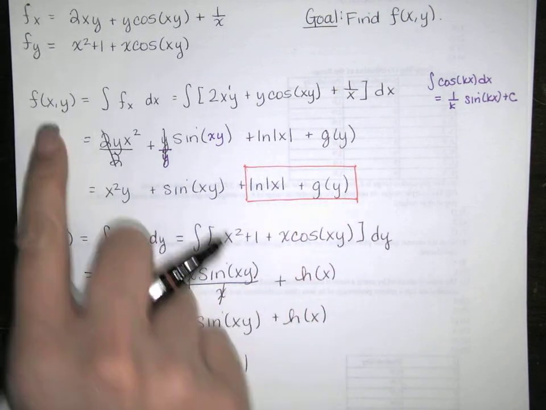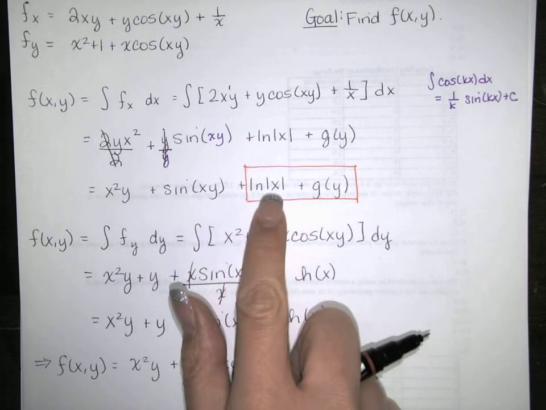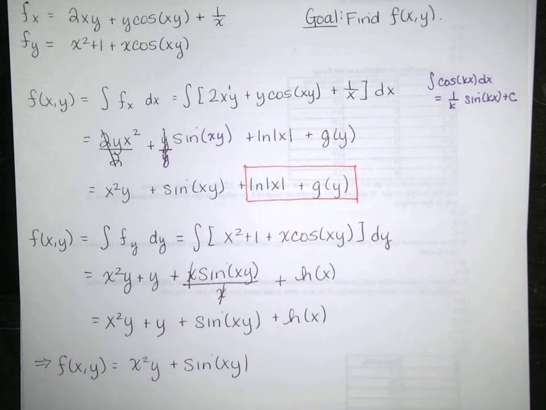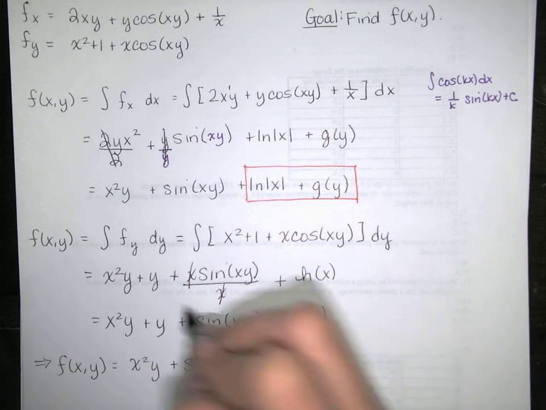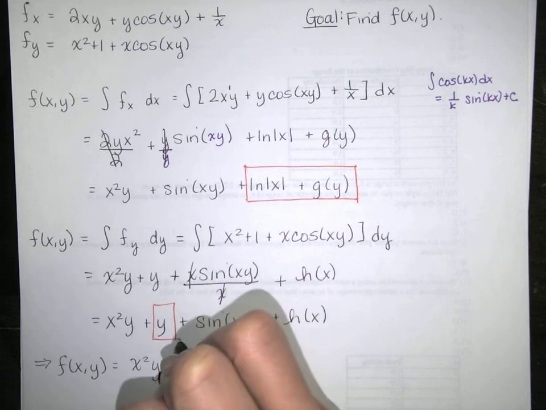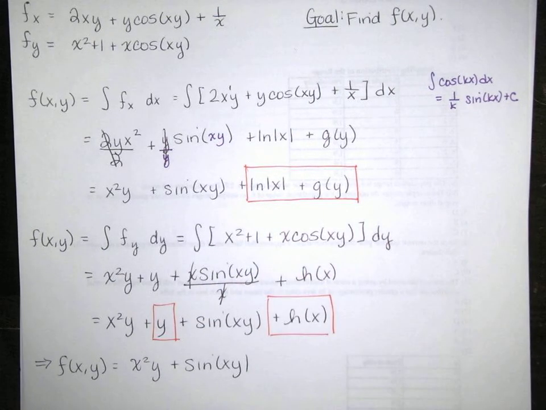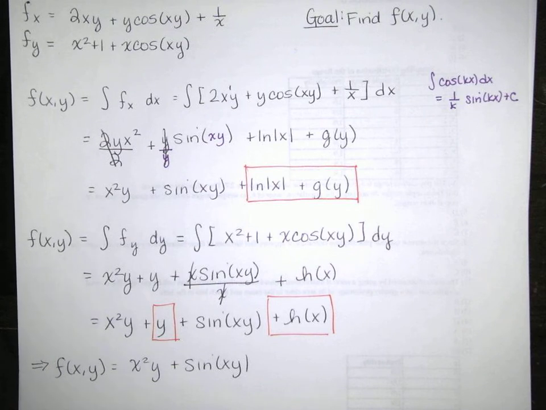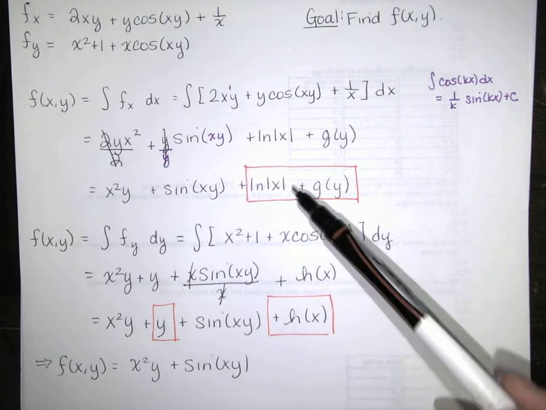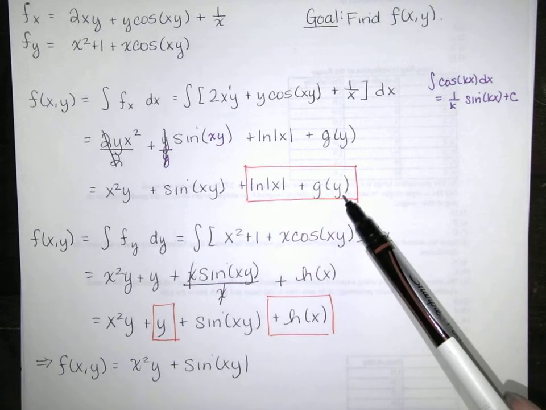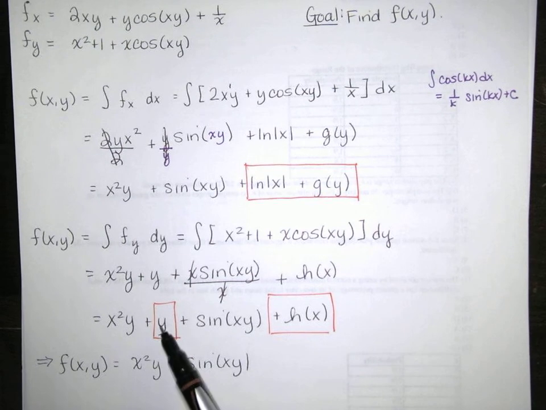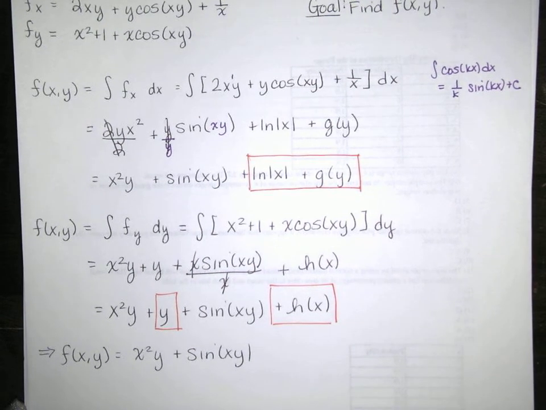So over here, I've got this plus natural log of the absolute value of x plus g of y. And over here, I've got this extra y and this plus h of x. Those have to be the same thing. If these are both f of xy, natural log of x plus g of y has to equal y plus h of x.